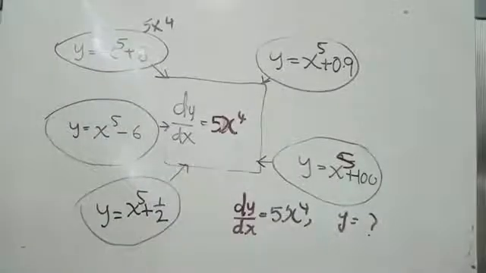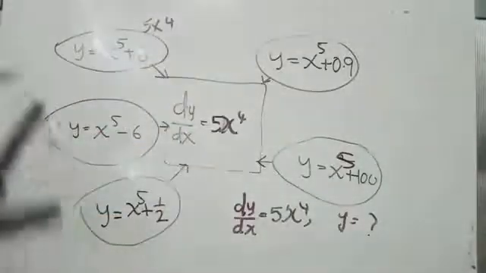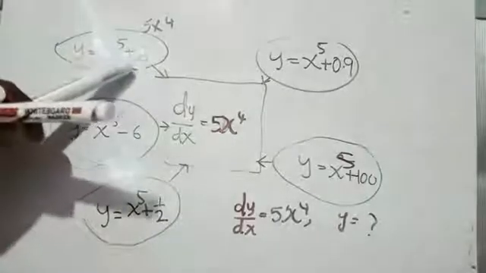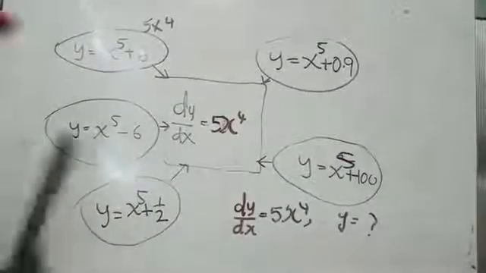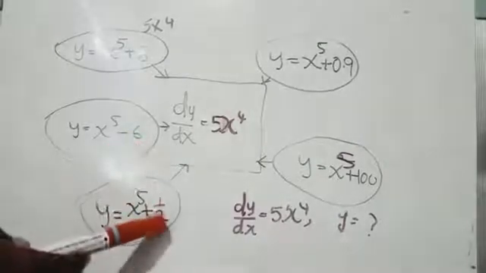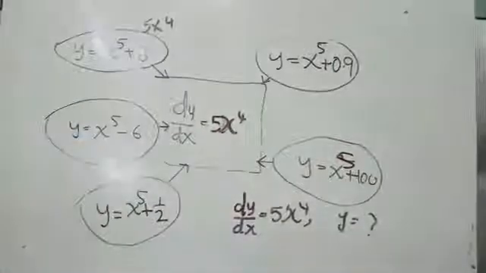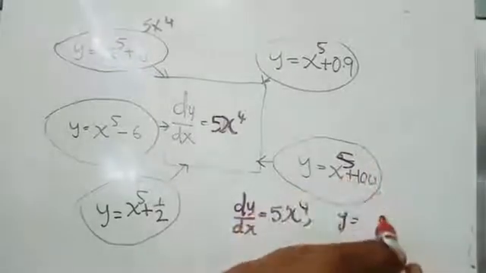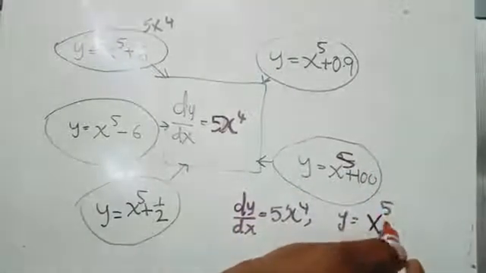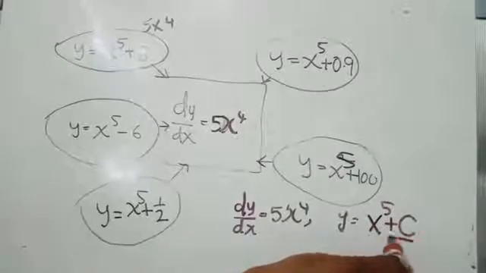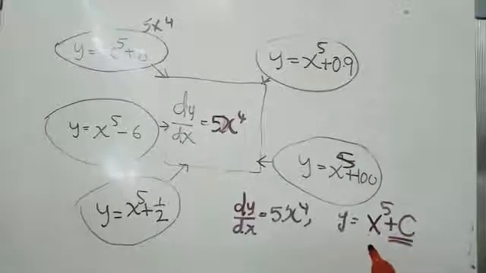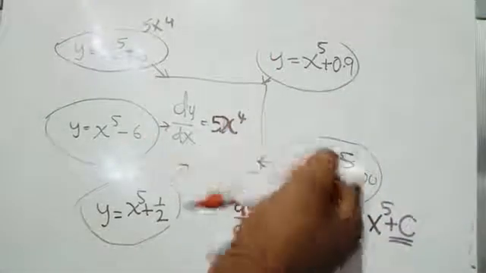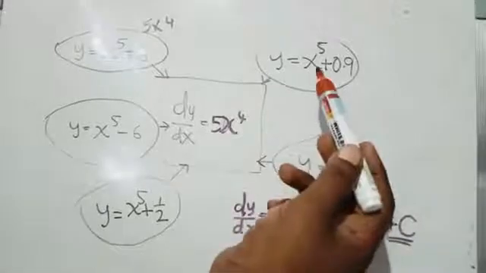Okay. So when you consider all these functions, they differ only by one thing. What is that? C, the constant. The constant is different. Yes, there is a constant. So here y is formed by x to the power 5 plus c, a constant. So that is the difference you could find in all these infinitely many functions with x raised to 5.